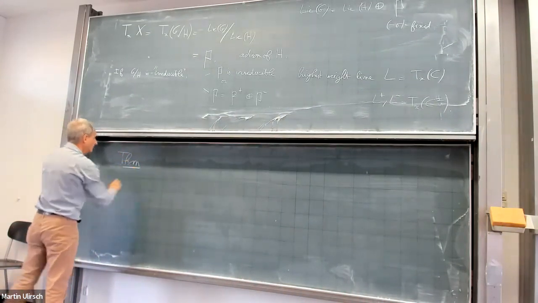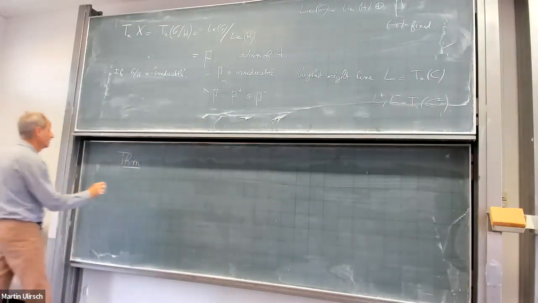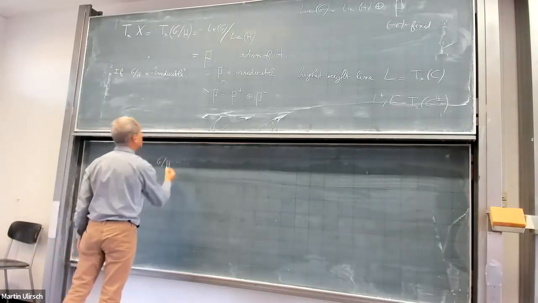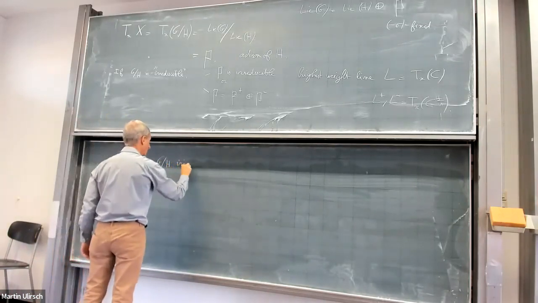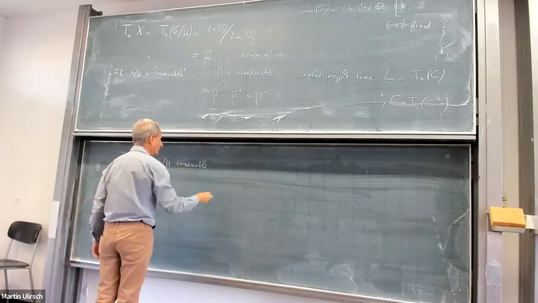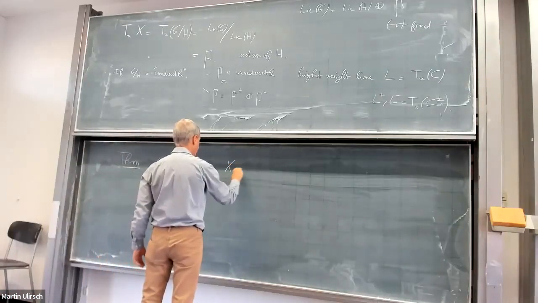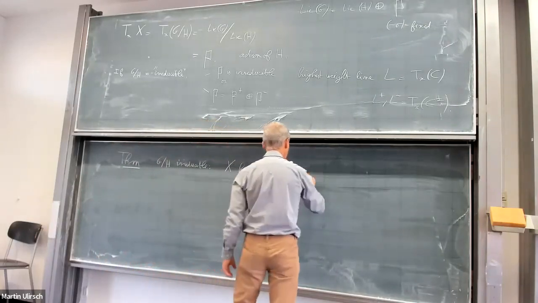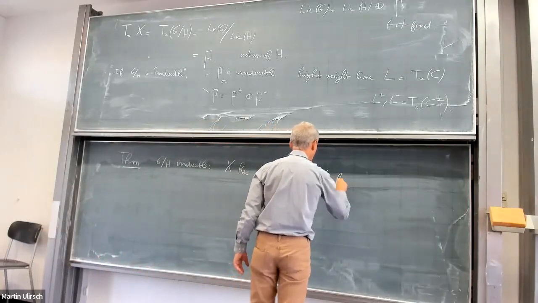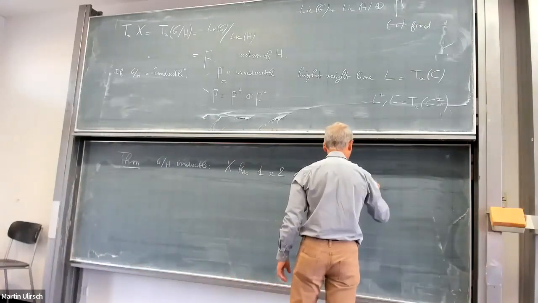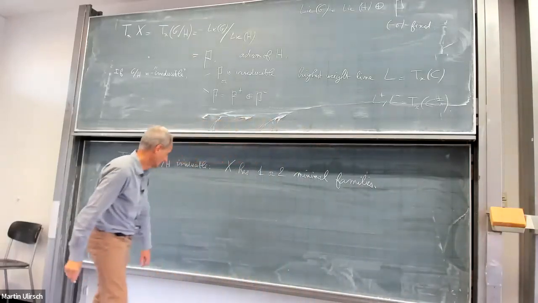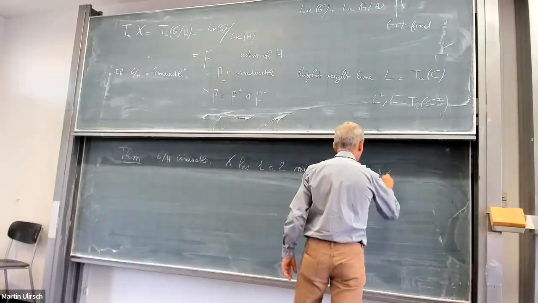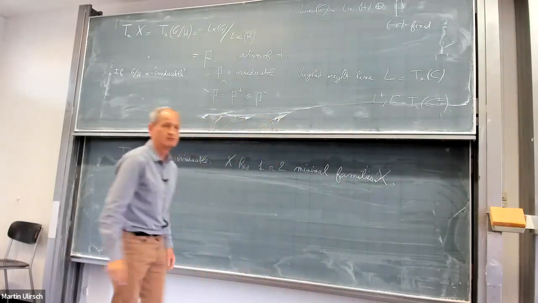Now what we proved is that for G mod H irreducible, then this X has one or two linear families. And this is just an abbreviation for a family of minimal rational curves.